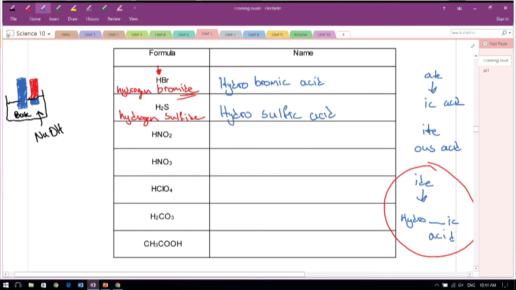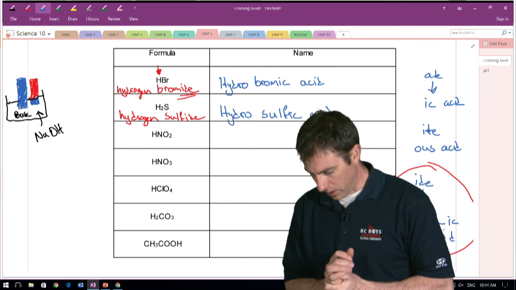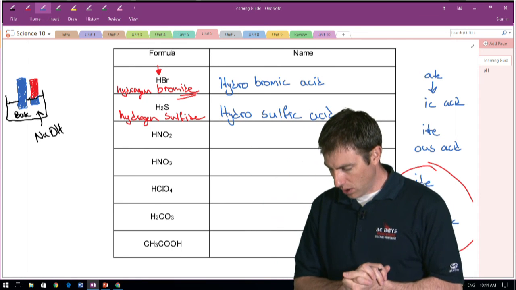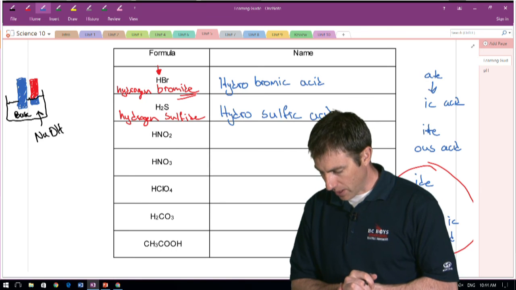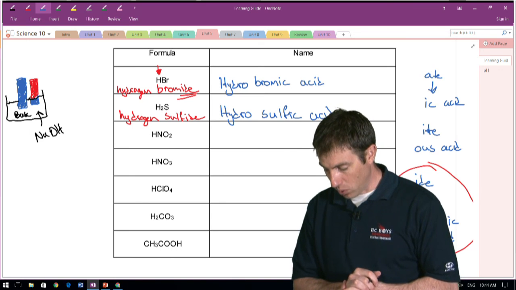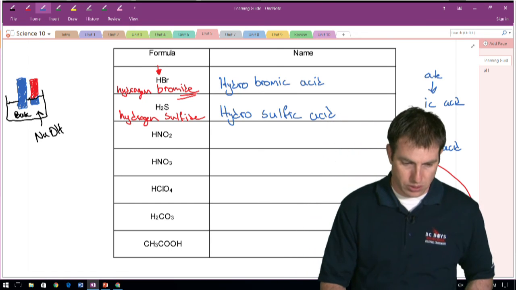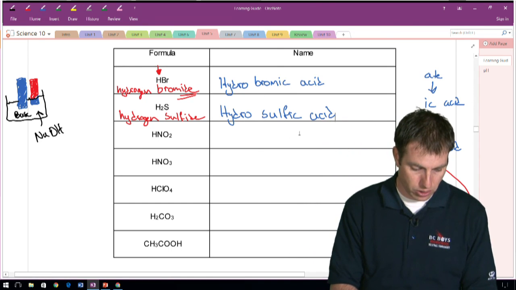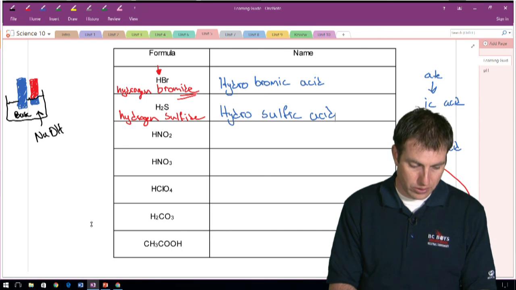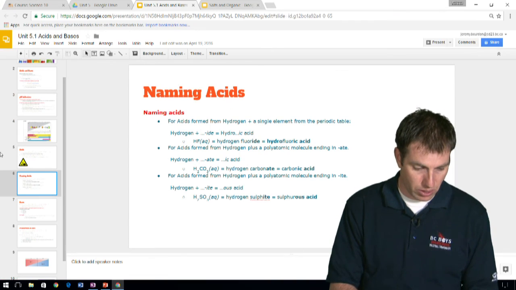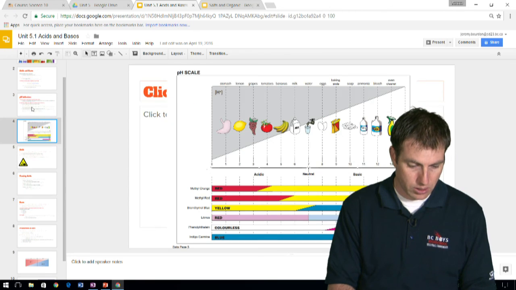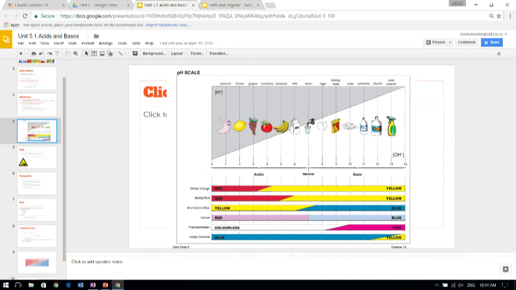My crack team of researchers here in the studio with me have identified for Leeds the pH of saliva: slightly acidic, between a 5.7, that's pretty acidic, and a 7. So let's go back and look at our little chart here. The most acidic your saliva can be is around 5 on the pH scale. So if I look here, your saliva could be somewhere between a banana and milk in terms of acidity.